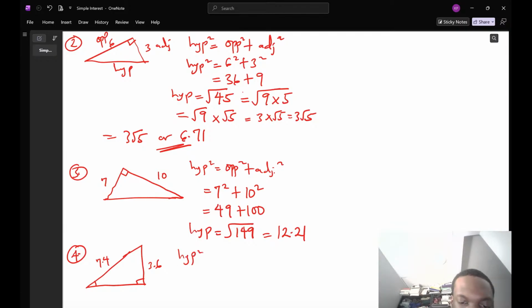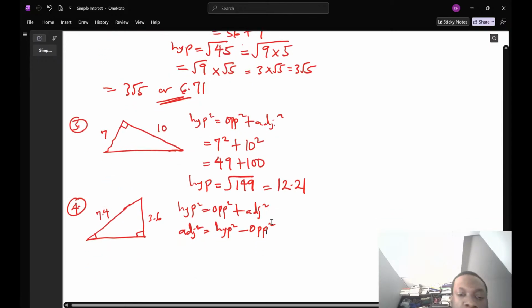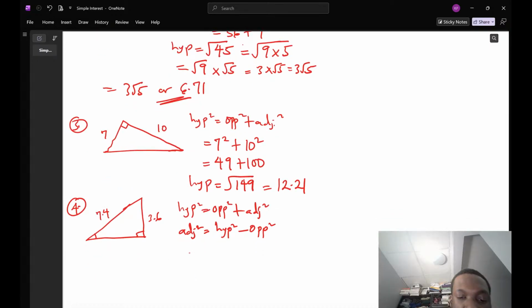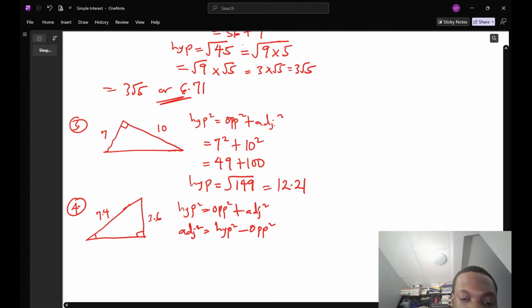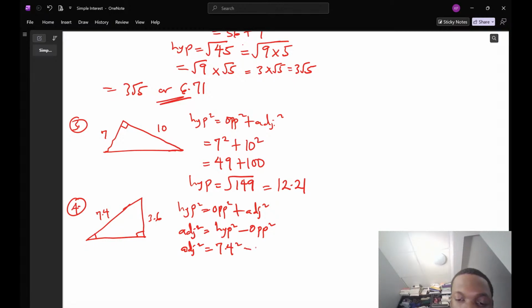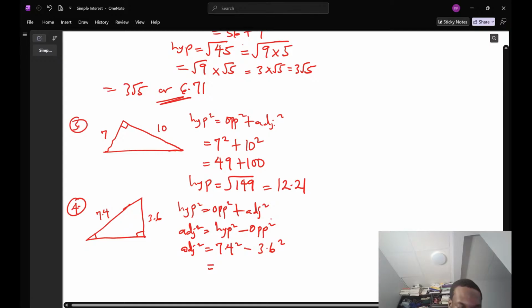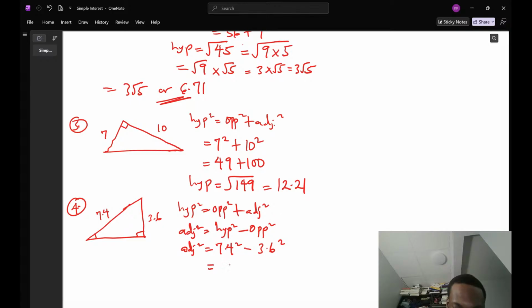I told you that the hypotenuse squared is opposite squared plus adjacent squared. So adjacent squared is equal to hypotenuse squared minus opposite squared. So adjacent squared is equal to 7.4 squared minus 3.6 squared. Let me punch it in the calculator. 7.4 squared gives us 54.76.